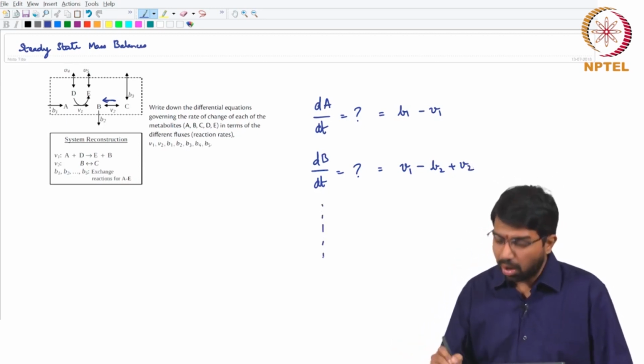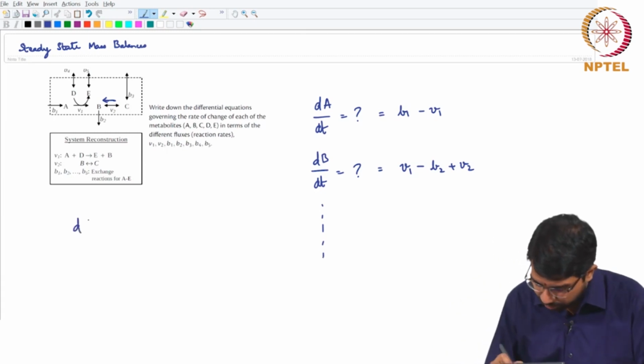So, if you were to write out all these reactions, you can potentially show them in a matrix form.